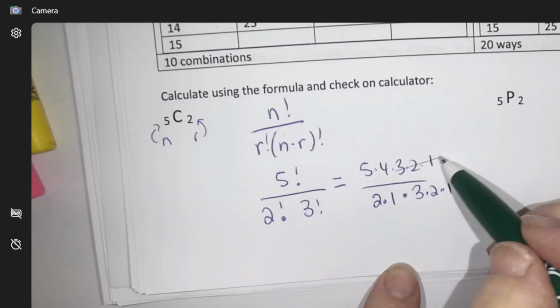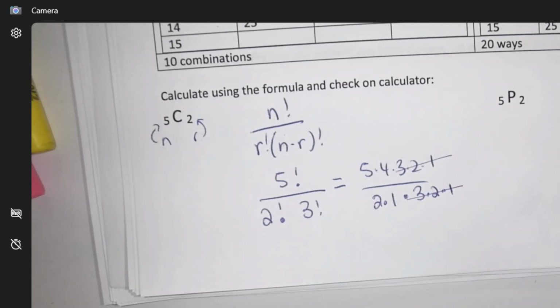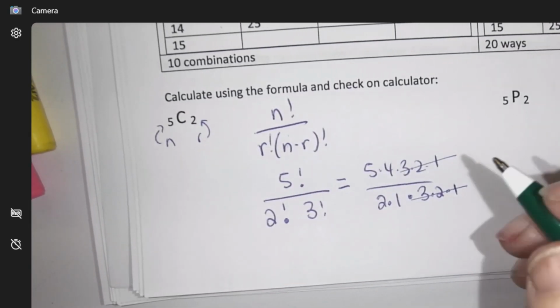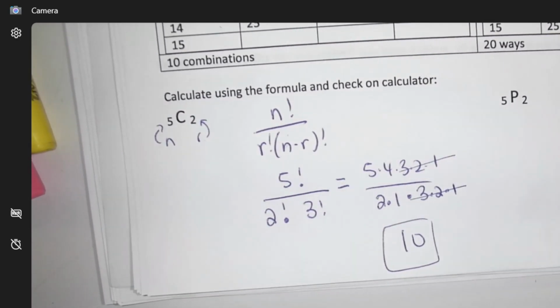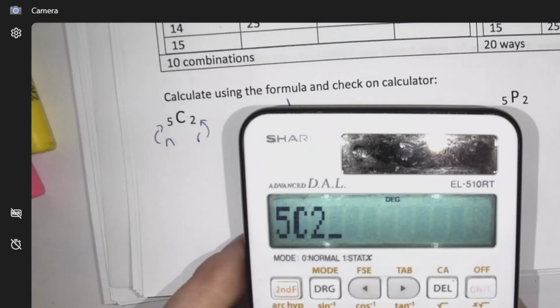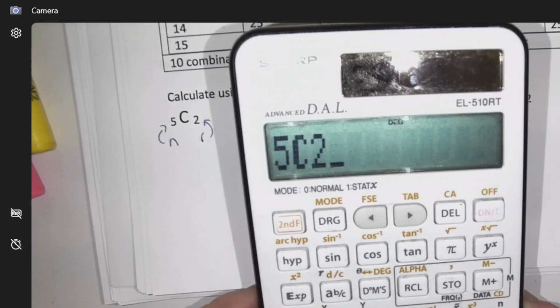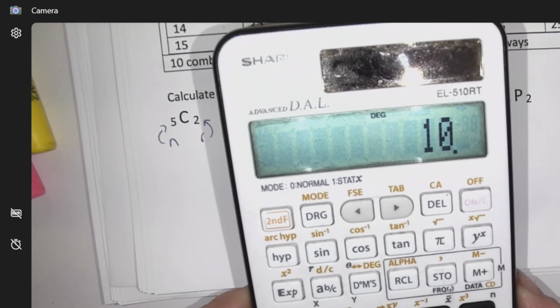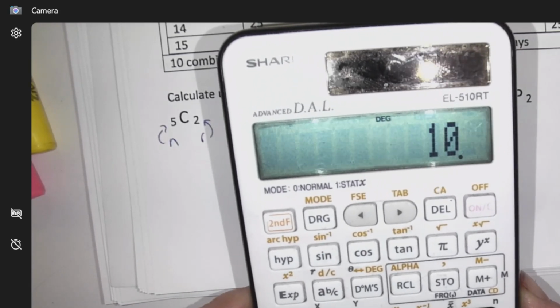I'm going to do this. 3, 2, 1 cancels a 3, 2, 1. So what is 20 divided by 2? 10. Okay, so 5 choose 2, I'm just checking, is 10. That's how we got there.